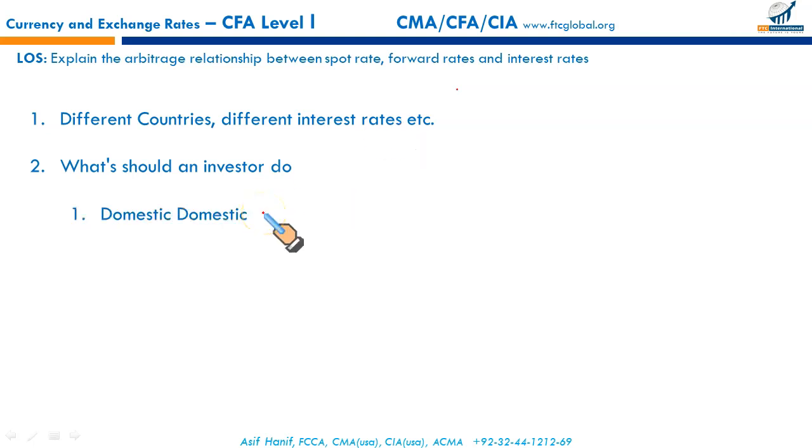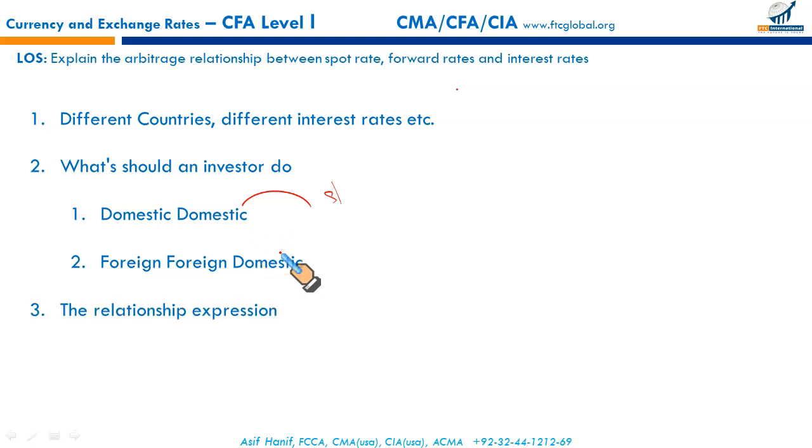Either he invests in dollars within the US and receives the domestic risk-free rate. Or the second option, he can invest in foreign currency, receive the foreign risk-free rate, and then have to convert back to the local currency at the end of the period.